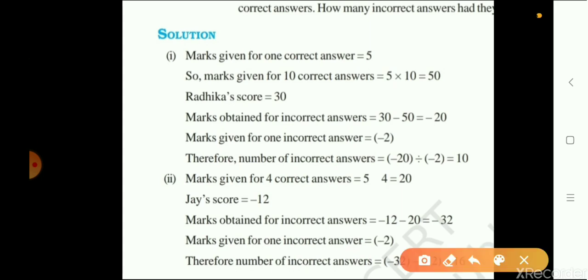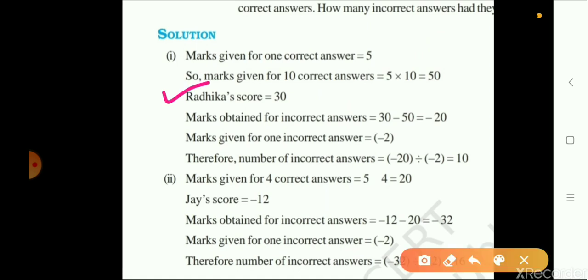Here plus 5 marks is for a correct answer, and Radhika has done 10 correct answers. So her score for the correct answers will be plus 50. But the actual score of Radhika is 30.